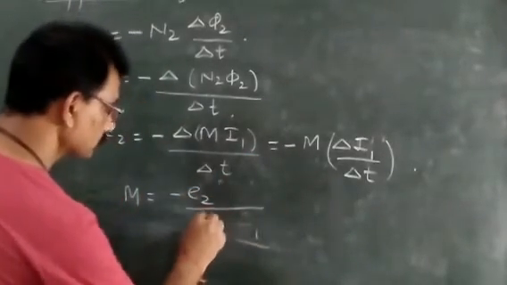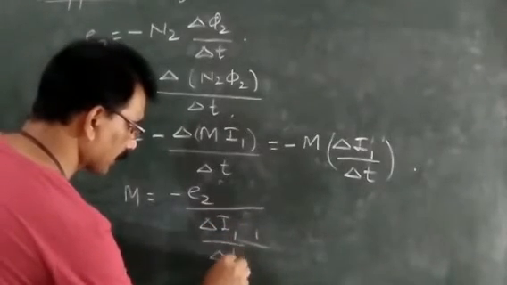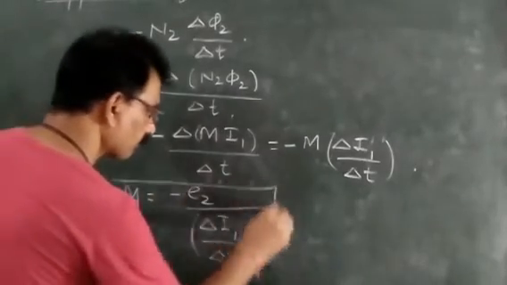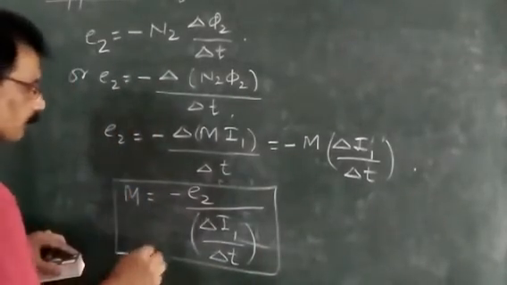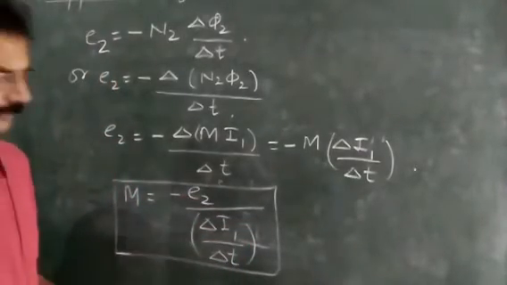upon delta I1 upon delta T. This is the formula for finding the coefficient of mutual induction, and this formula is the same as that of the coefficient of self-induction.